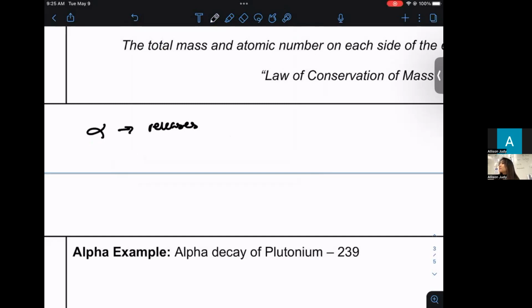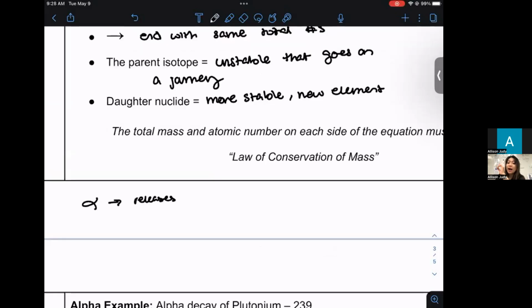What type of matter does it release? What's that high energy radiation it produces every time? So alpha decay always releases helium-4, or another way to write it is 4He2. Mass number on top.